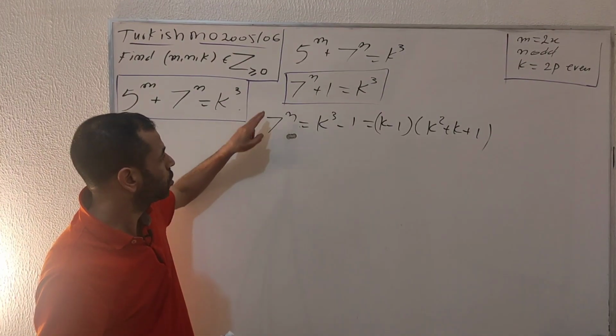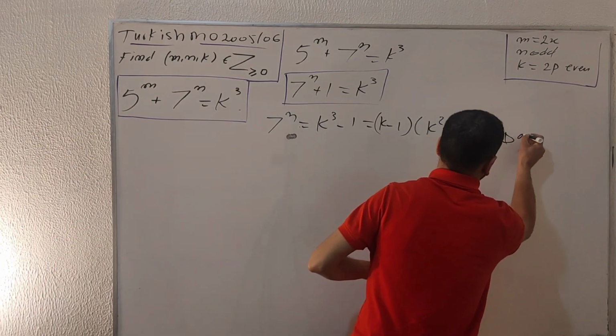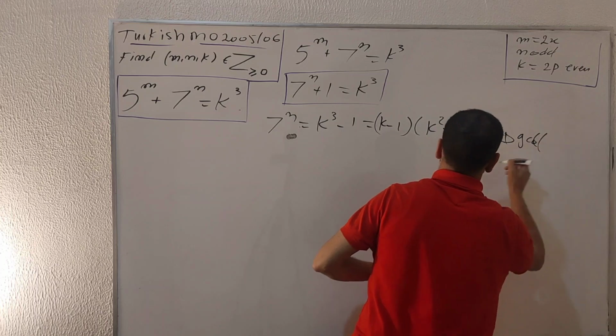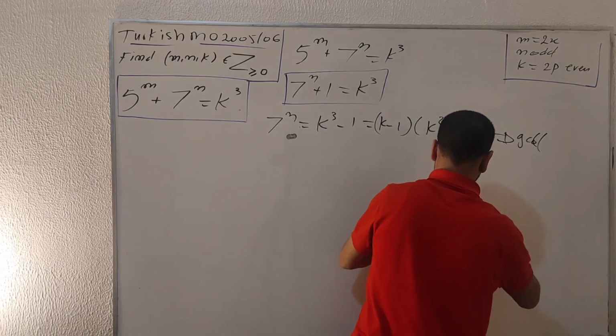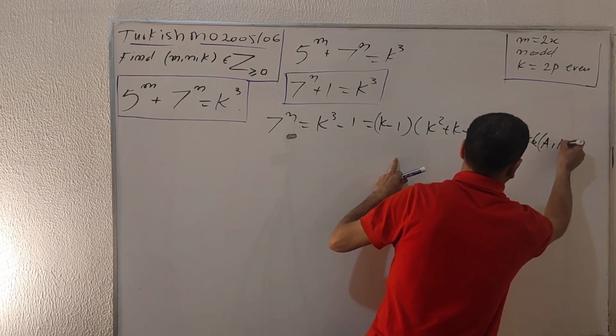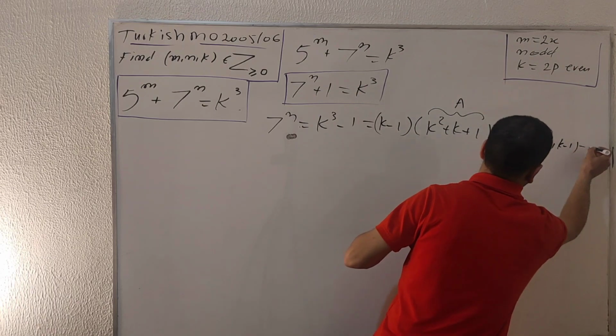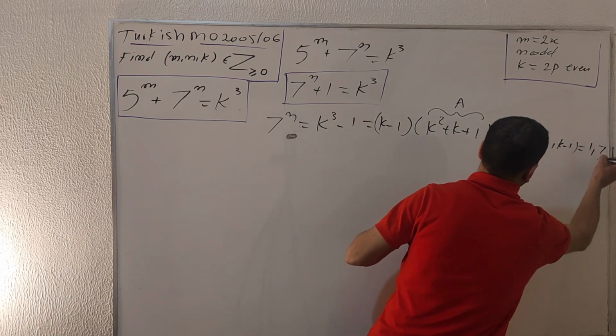In addition, we know 7 is a prime, which means the GCD of these terms, let's call this one capital A, and k minus 1 equals 1 or 7, either one.